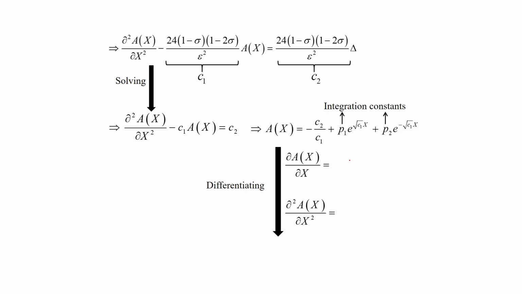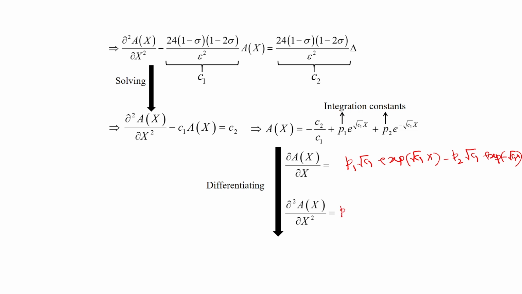So, this will be equal to P1 into square root of C1 exponential square root of C1 into x, and here it is P2 into square root of C1, or minus here. So, it should be minus P2 square root of C1, and here it is exponential minus square root of C1 into x, and double derive it.